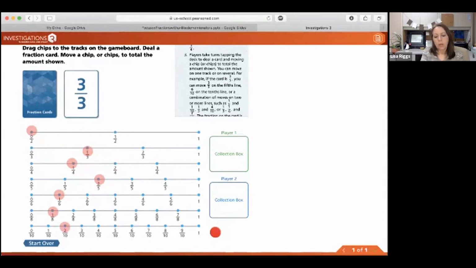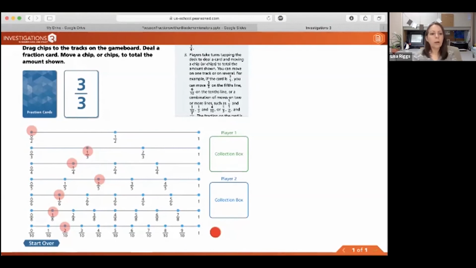So does somebody want to tell me how we might want to move those counters? Nobody wants to take a guess.